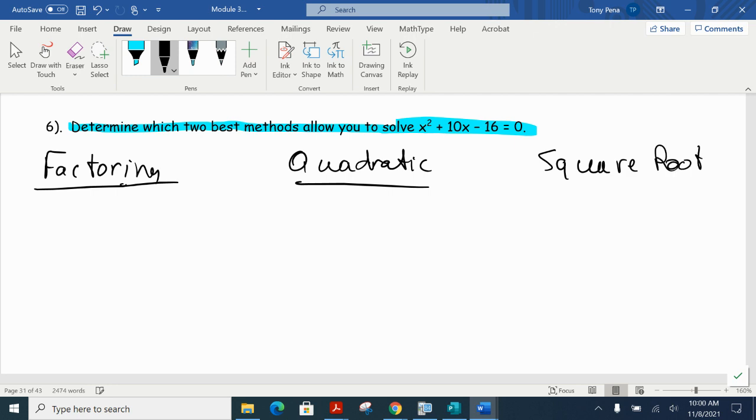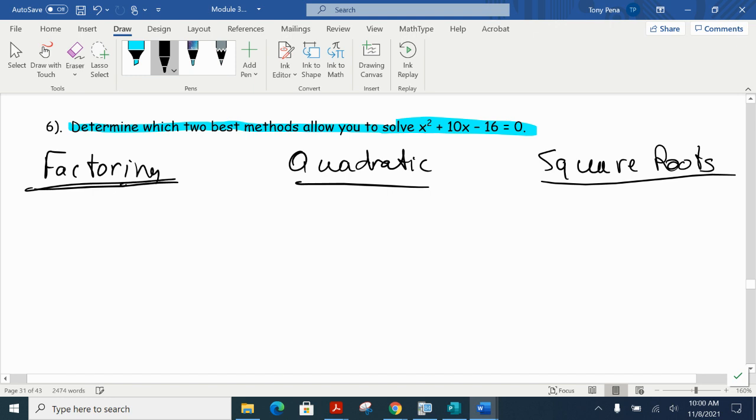I have said multiple times, I think factoring is the easiest. It's the quickest. So do that real quick. That's the easiest, most efficient, the quickest. That should be everybody's first option.